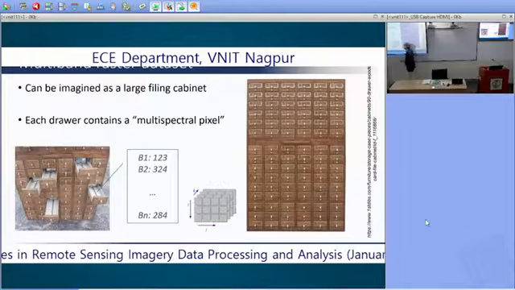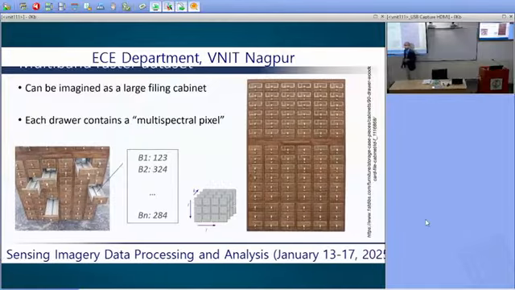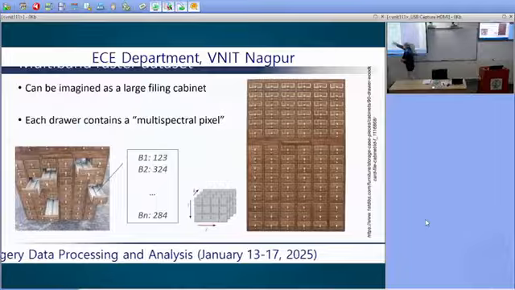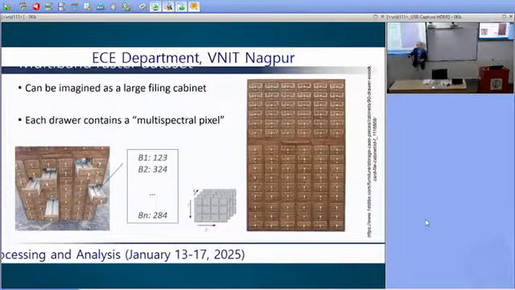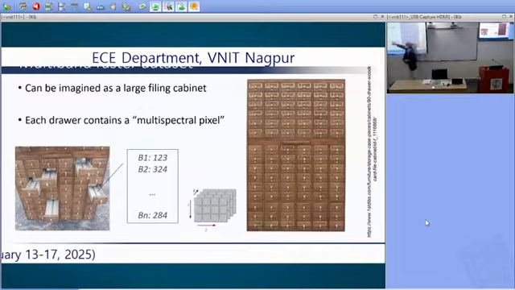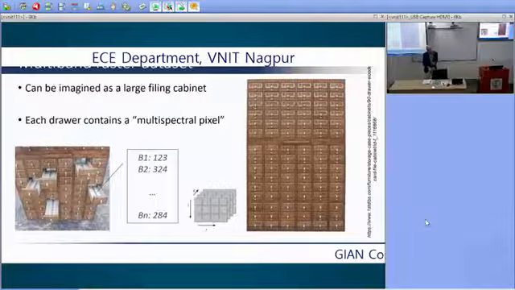Whereas the spectral axis is still there, but is untouched. That is instead the subject of the processing which is called radiometric correction.